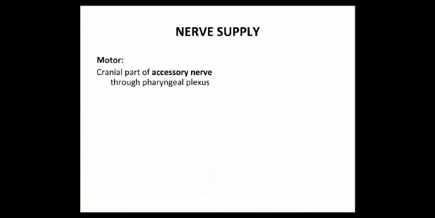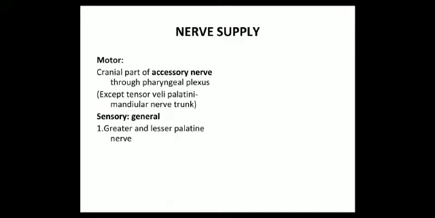Nerve supply. The motor nerve supply: all the muscles are supplied by the cranial part of the accessory nerve through the pharyngeal plexus except the tensor veli palatini. So, tensor veli palatini is supplied by the mandibular nerve trunk.